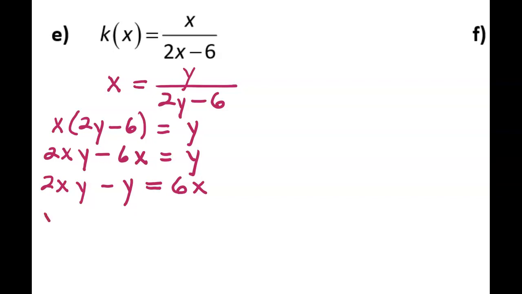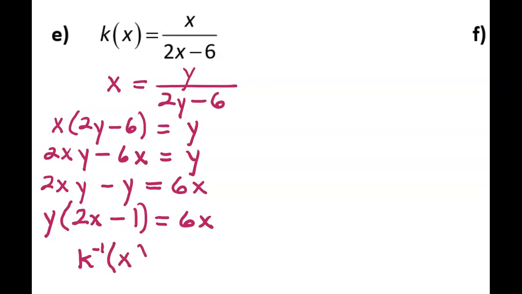Once we get that, you'll need to factor out the y from the left side of the equation. That gives us 2x minus 1. And now divide. And at the same time that I'm dividing, since I'll have solved for y, I'm going to replace that y with k inverse of x.